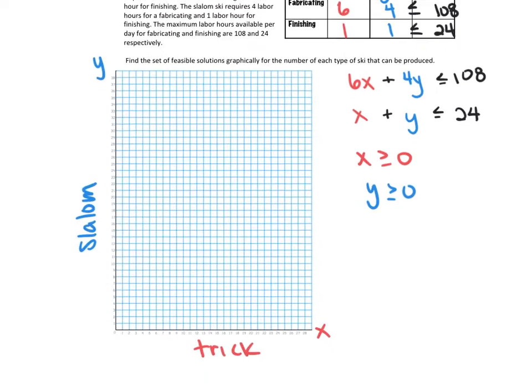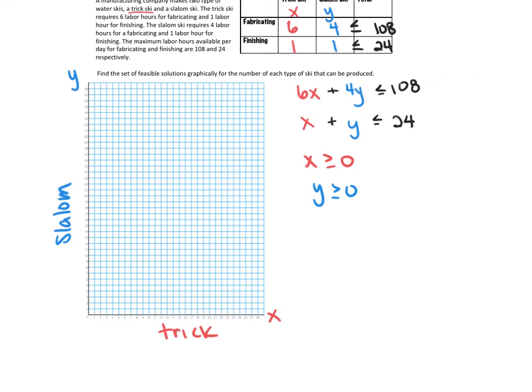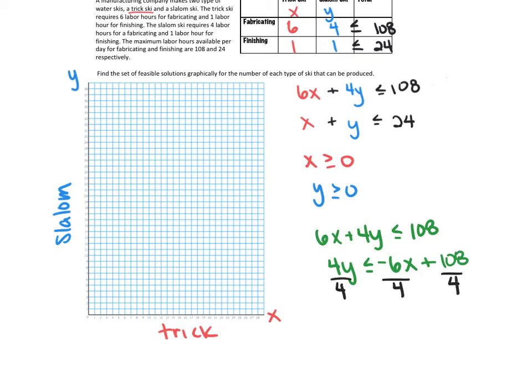And now we can graph these by rewriting the equation. So this first equation, 6x plus 4y is less than or equal to 108. I'm going to move the 6x over first, so I get 4y less than or equal to negative 6x plus 108. I'm going to divide everything by 4. When I do that, I get y less than or equal to negative 3 over 2 x plus 27.